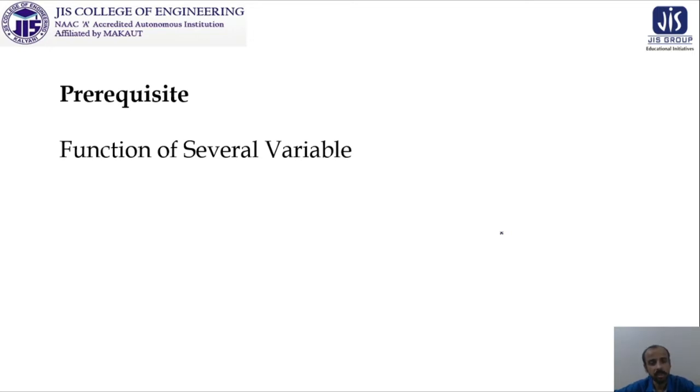We need the concept in x direction, in y direction, or in some arbitrary direction. What does it mean and how does it look? And obviously some geometrical interpretation is also very much required.